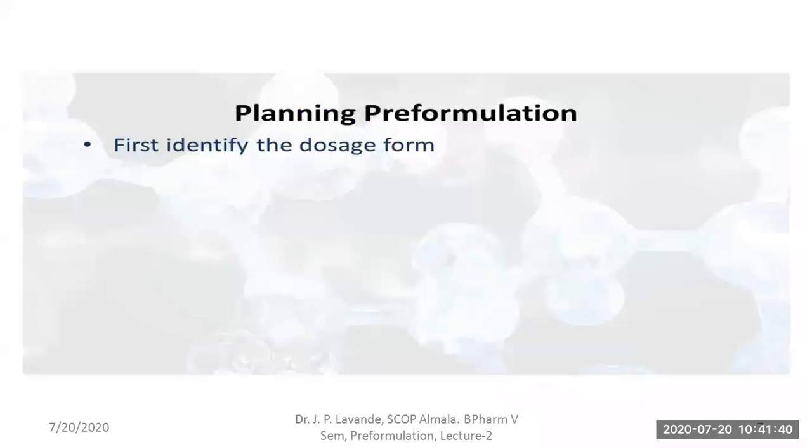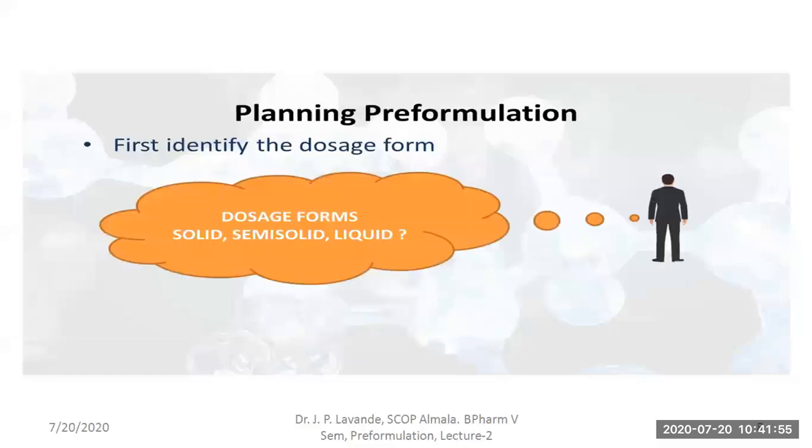Now let's begin with the requirement first, which is the planning of pre-formulation. Whenever we think of the study of pre-formulation, first there is a need to identify which kind of dosage form we have to design and formulate, whether it is solid, semi-solid or liquid. Solid, that is tablet, capsule. Semi-solid, like ointments, creams.